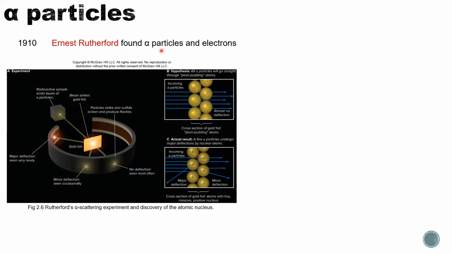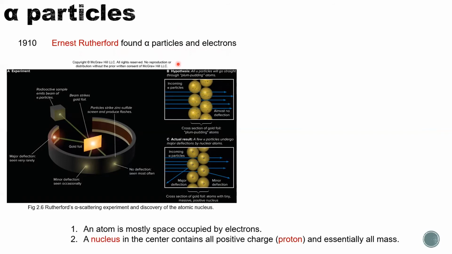Rutherford found the alpha particle and electrons. Alpha particles carry a positive charge, so it's a component of the atom's structure. He even found that an atom is mostly empty space occupied by electrons, which means the plum pudding model cannot explain his experimental results.